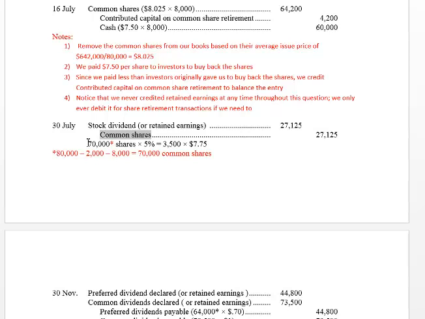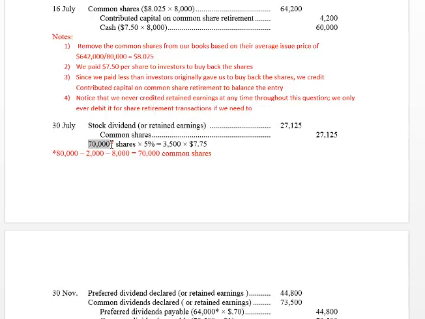So the first thing we need to do is figure out how many common shares we have up to July 30th, which we're taking 5% of, because we're going to issue 5% of the total shares we have as an additional share dividend. So the question becomes, how many additional shares are we issuing at $7.75 a share?